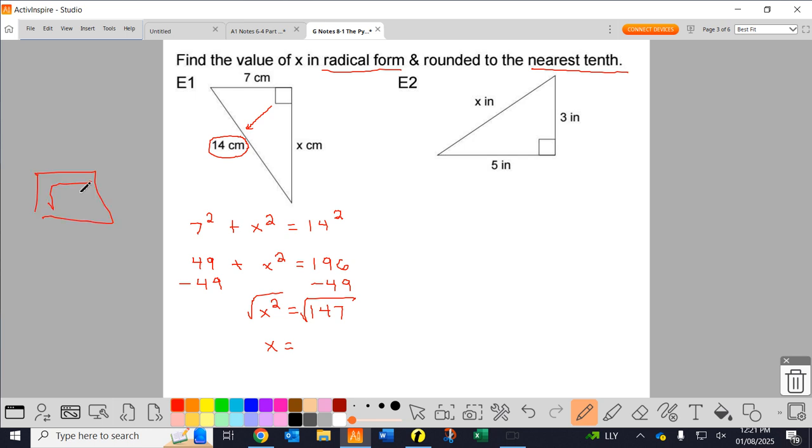So for the radical form, we're just going to write square root of 147 and leave it alone. For the decimal, we're going to need to round it off to the nearest tenth. So let me grab my calculator. 147 square root. It's going to be 12.12 with more stuff after it. But if it's a 1 with a 2 after it, that's going to round to 12 point what?